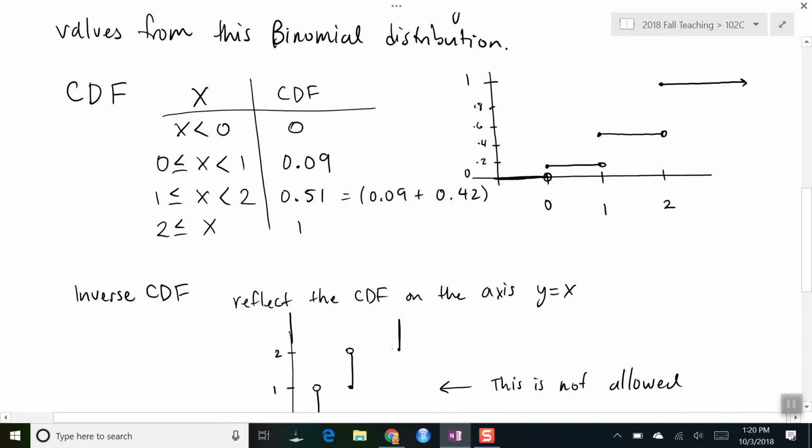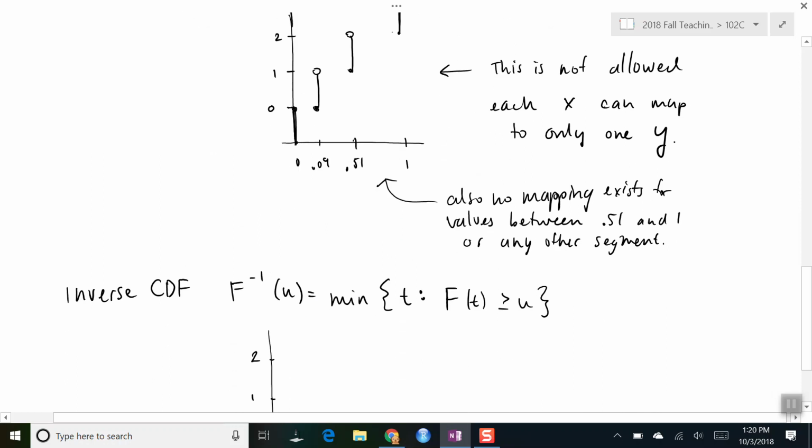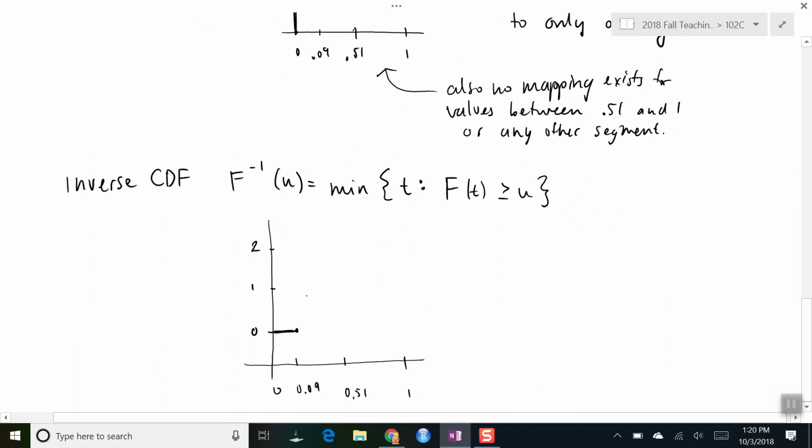Okay, and then as soon as I draw a value that is bigger than 0.09, so if I draw a value like 0.1, well, values between 0 and 1 no longer will produce a value bigger than 0.1.